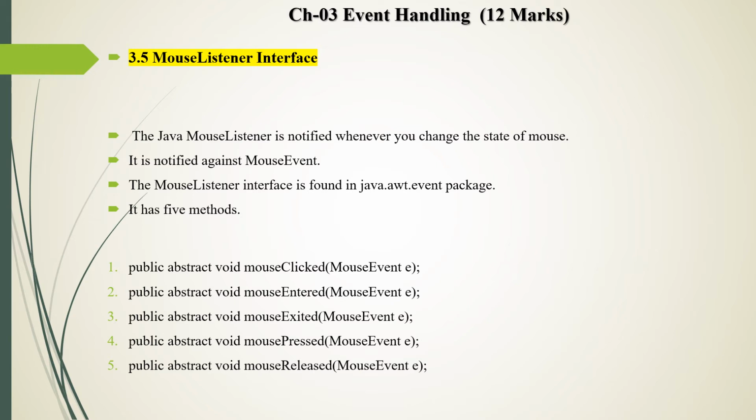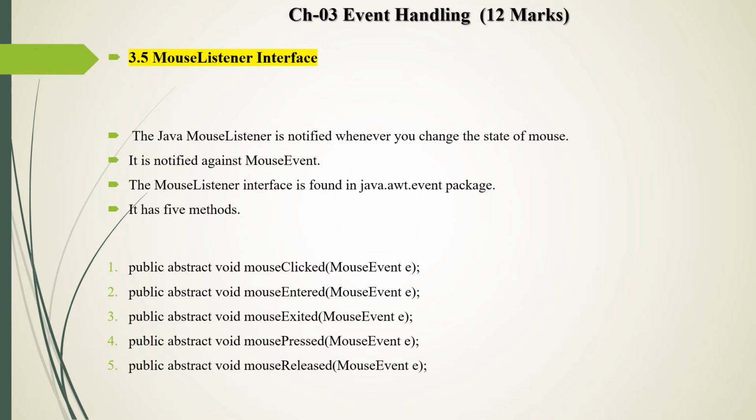So these 5 are the various types of events, and every event has one method. First method, mouseClicked, means when you click any button of the mouse, this method is executed. Second method is mouseEntered. When the output is generated and you move the mouse into your frame, the mouse has entered the frame.